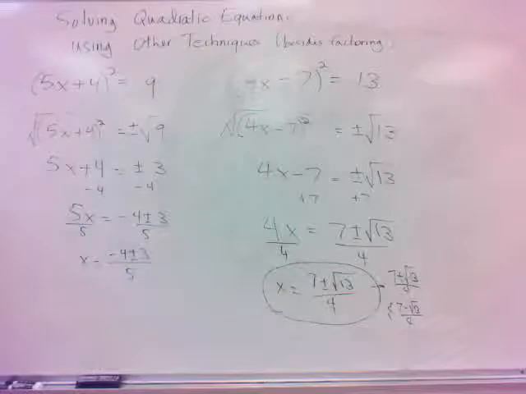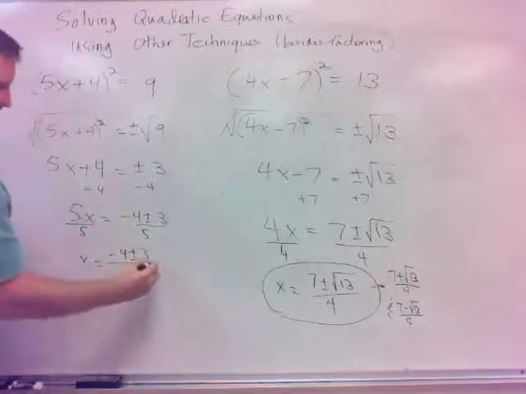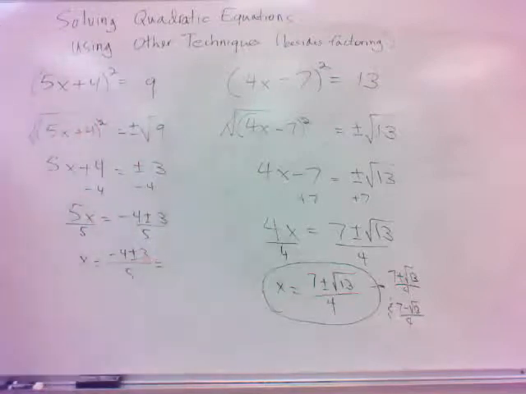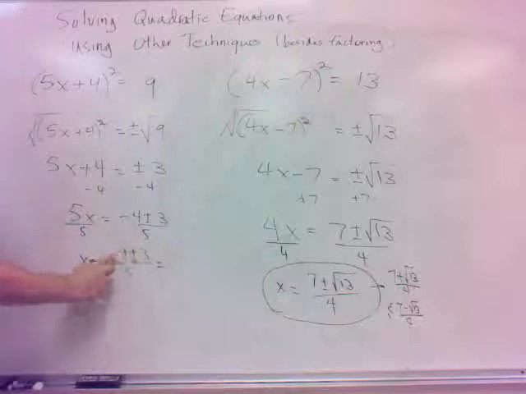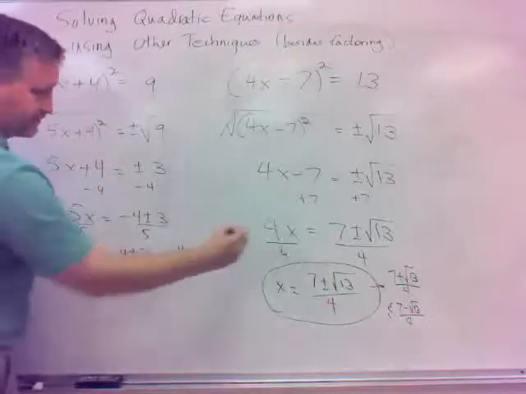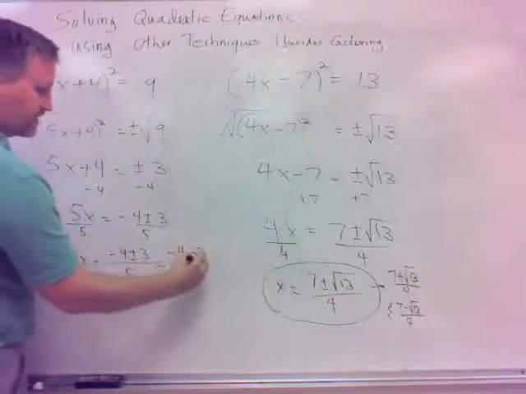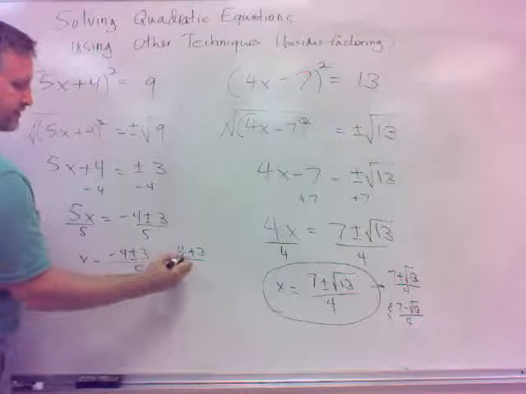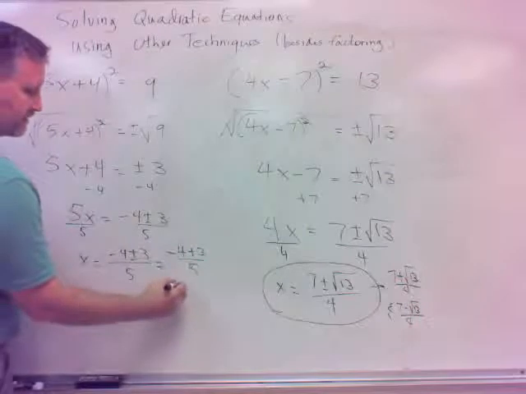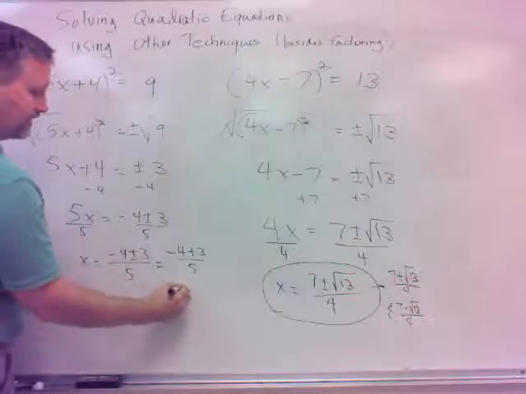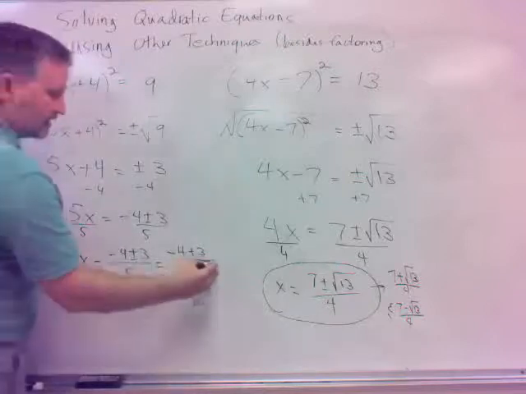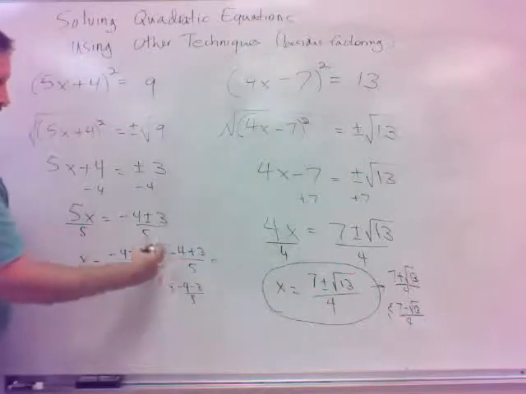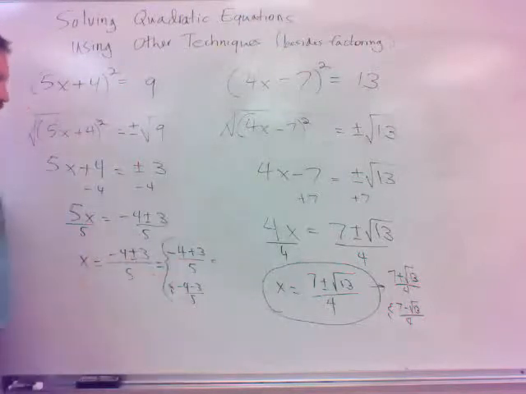However, I can simplify it just a little bit more, can't I? Yeah, because this is 3 here, I can, like I did with those, if I write those out separately, negative 4 plus 3 over 5 and the negative 4 minus 3 over 5, I can go ahead and get just some regular numbers out of that.